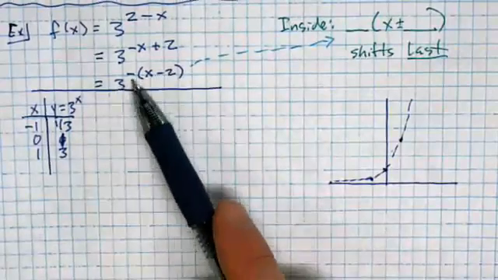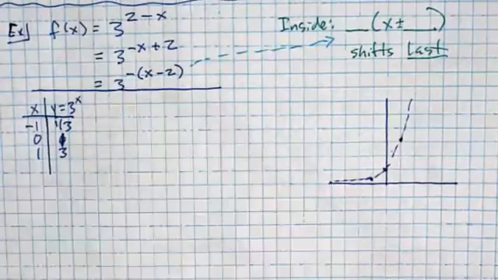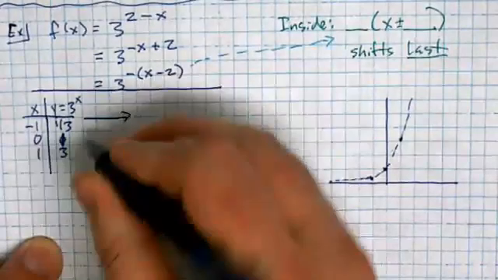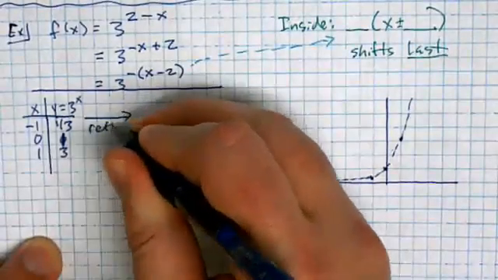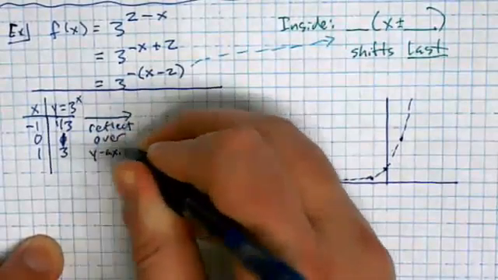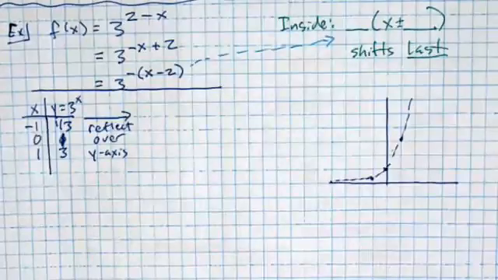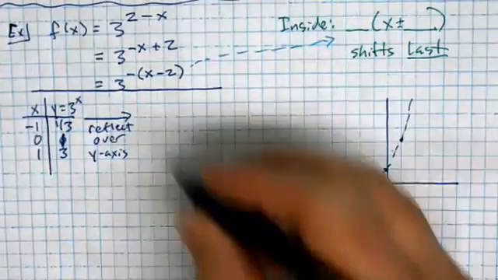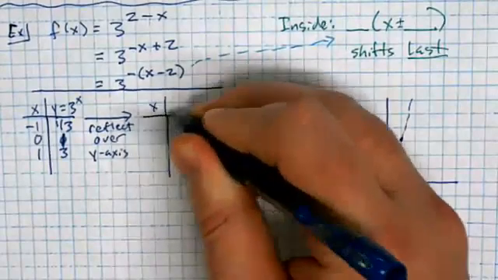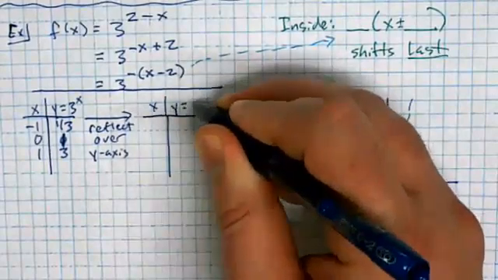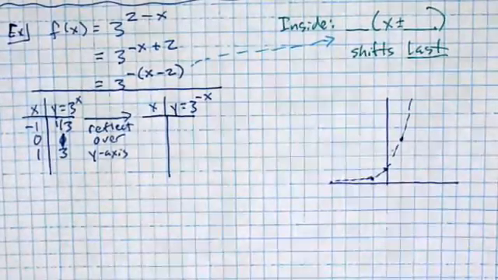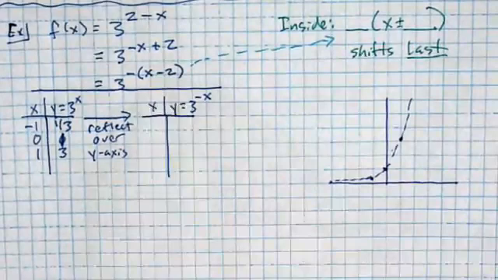So we've got to take care of the minus first. So we said that was going to be a reflection over the y-axis. So y equals 3 to the negative x. So we're dealing with that negative on there first. And then we'll come back and deal with the x minus 2 at the end.